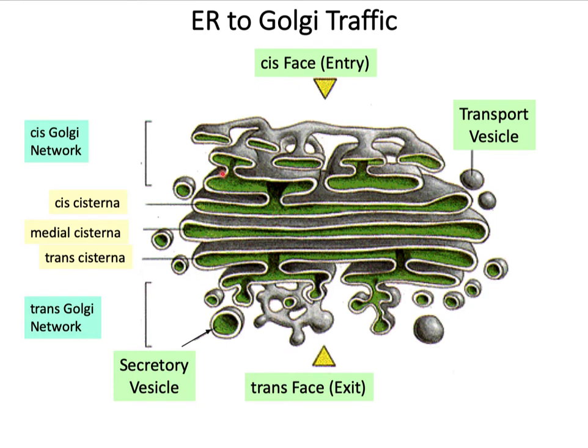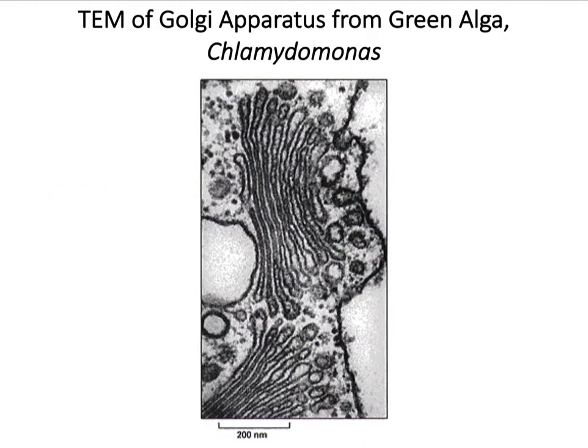When you look at the transmission EM of the Golgi apparatus, you can easily see these swarms of vesicles, and these vesicles are fusing to form the Golgi from the ER, or leaving the Golgi to deliver the protein cargo to other parts of the cell. Or you might be seeing vesicle trafficking between the cisternae as well. So here is a transmission EM of the Golgi apparatus from green algae, which is called Chlamydomonas.